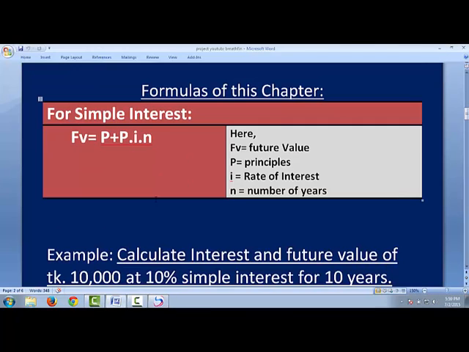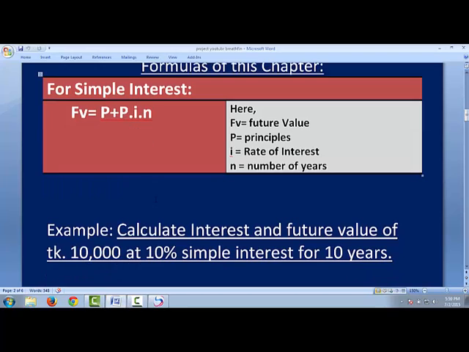Suppose we give an example to make it clear. Example: calculate interest and future value of taka 10,000 at 10% simple interest for 10 years. You have to calculate interest and future value, but first of all you have to find the future value.